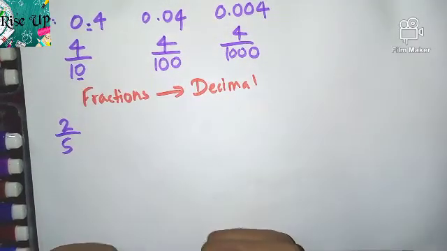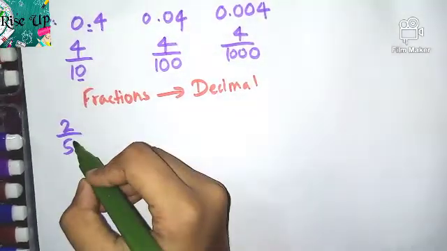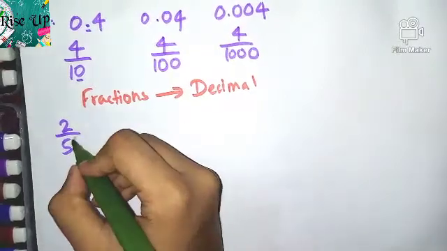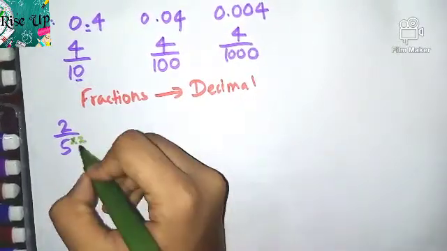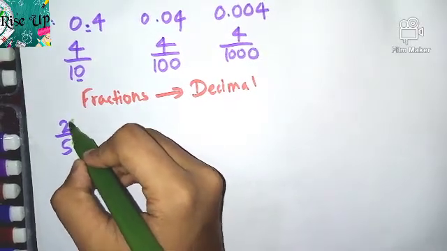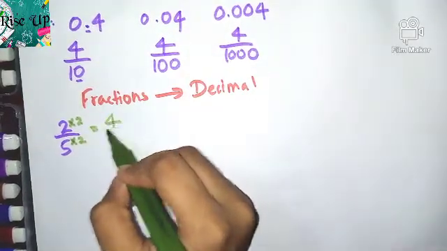So can we convert the denominator of the fraction into a power of 10? Does 5 times anything give a power of 10, like 10, 100? Yes. 5 times 2 gives you 10. So if you multiply the denominator by a number, the rule is you have to multiply the numerator by the same number. So what is the answer you get? 2 times 2 is 4, 5 times 2 is 10.